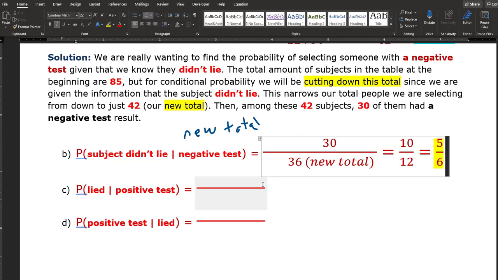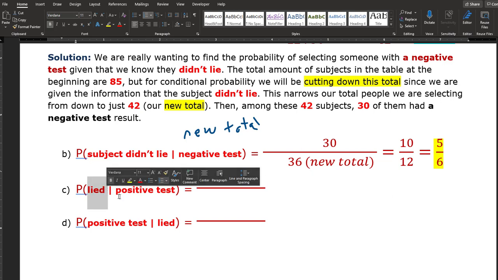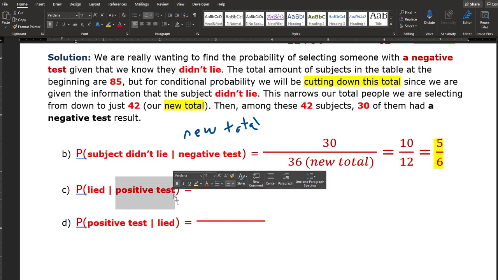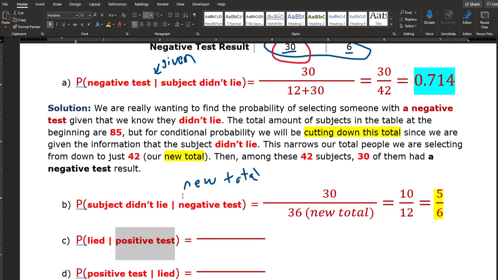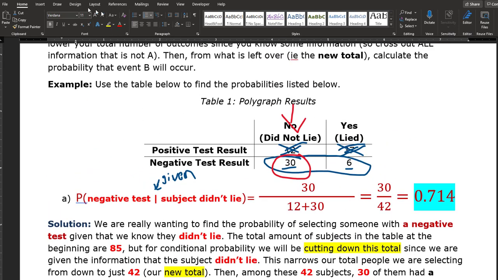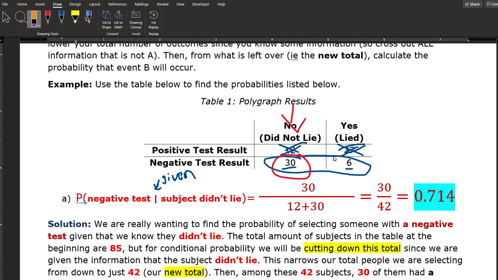Okay, look at the next one here. This one is lied given a positive test. So positive test is going to be our new total. It's the part that we're given. So we know that they have a positive test. Let me erase my work from my last problem. We're kind of resetting it.